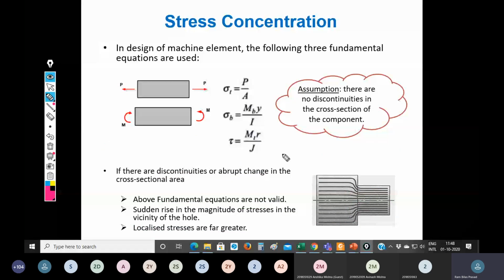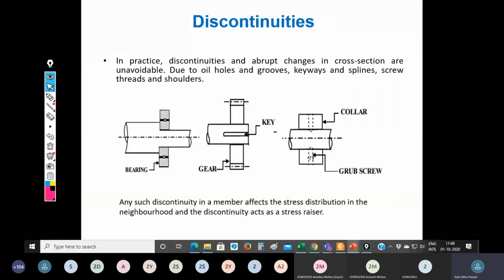So let us see a few more examples. Where are these scenarios? This is another example, a similar example where we have a shaft, right? The shaft is supported on the bearing.